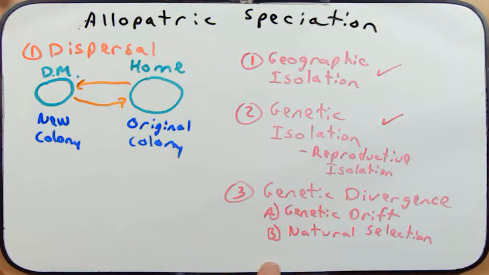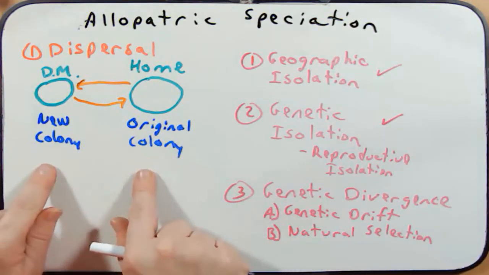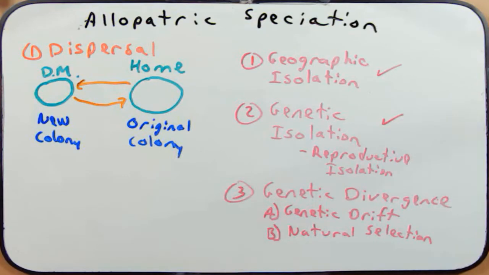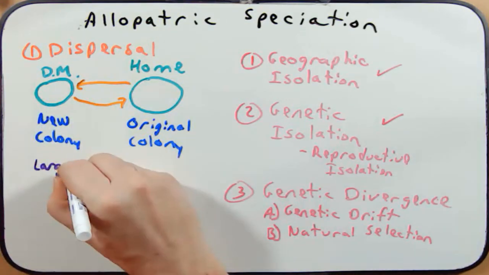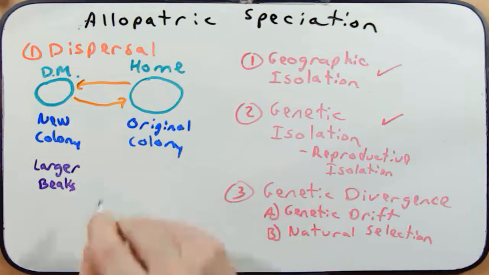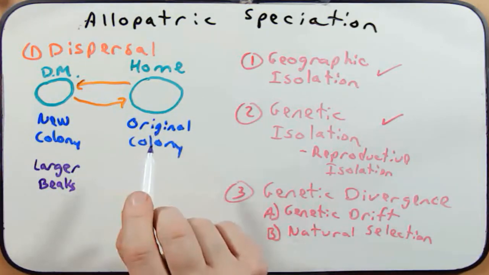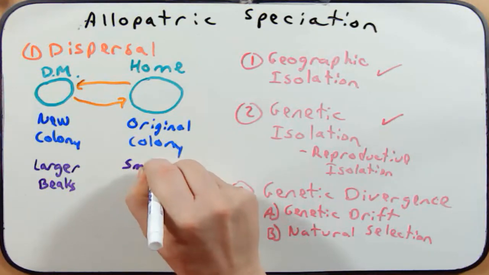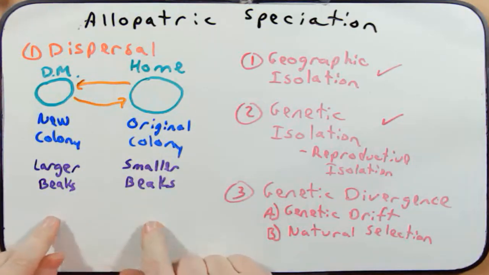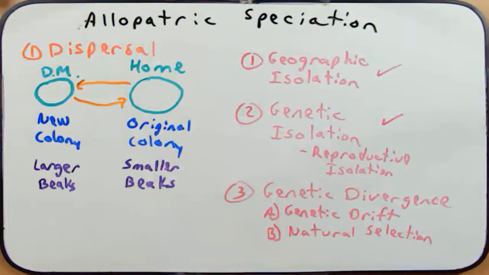And what they discovered is that the beak sizes in these two populations of ground finches were different. The finches on Daphne Major had larger beaks compared to the ground finches in the original colony, which had smaller beaks. And this corresponds to the available food sources in these two areas.